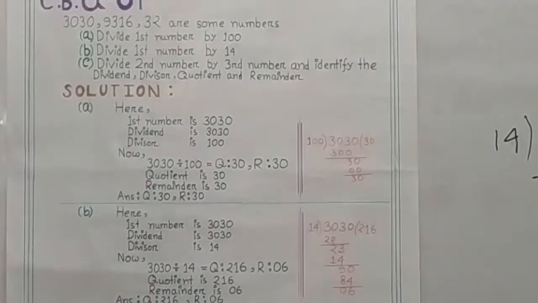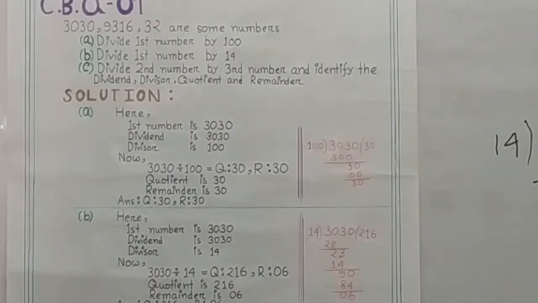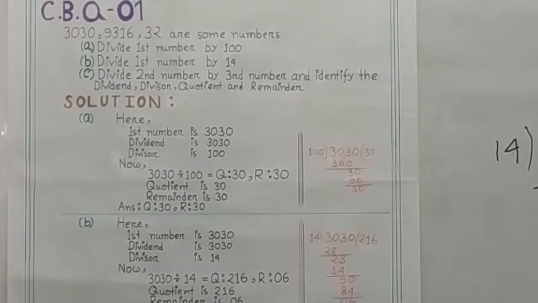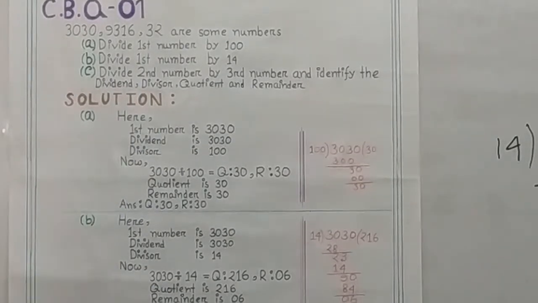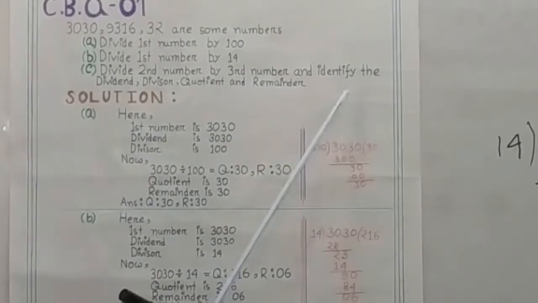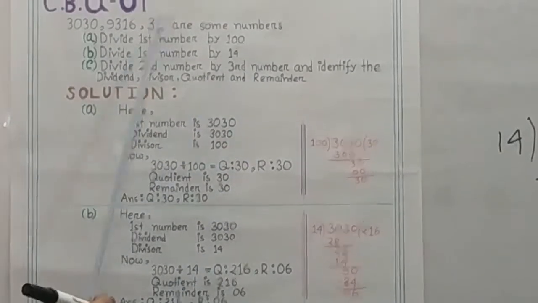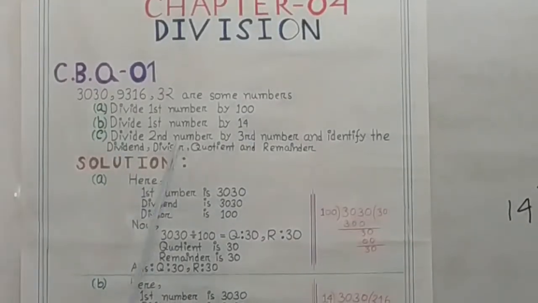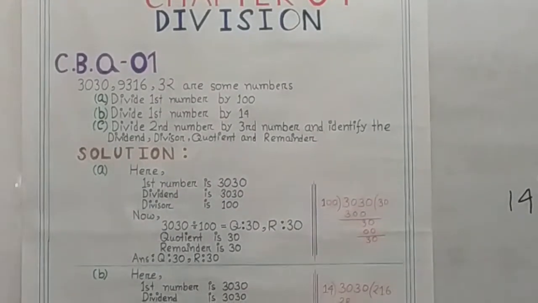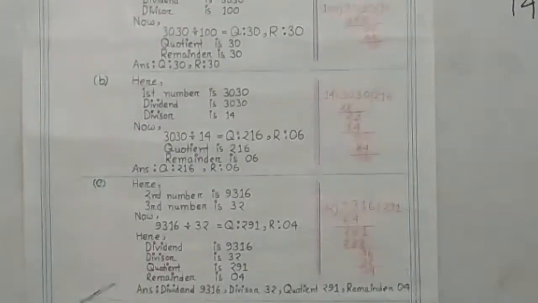As we divide 9316 by 32, we can say that 9316 is our dividend and 32 is our divisor. We have already found the dividend and divisor.